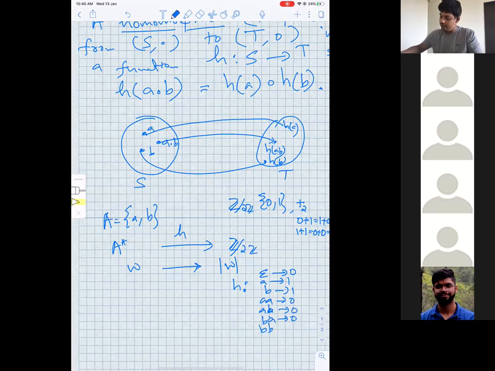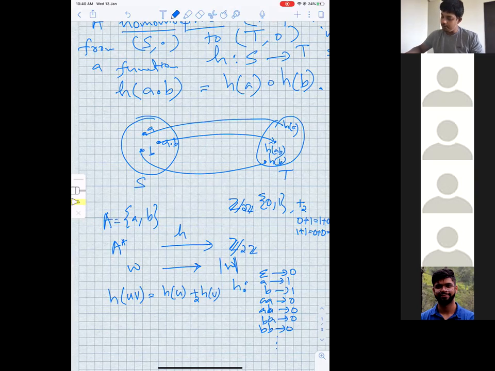That is this function. Now how do I verify that it is a semigroup morphism? I have to verify this condition: h of uv is equal to h of u plus h of v, addition modulo 2. How do I verify this?